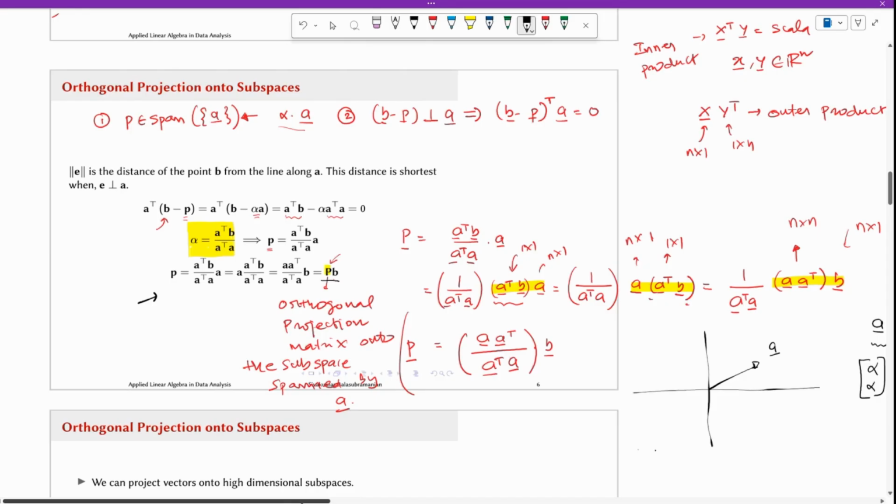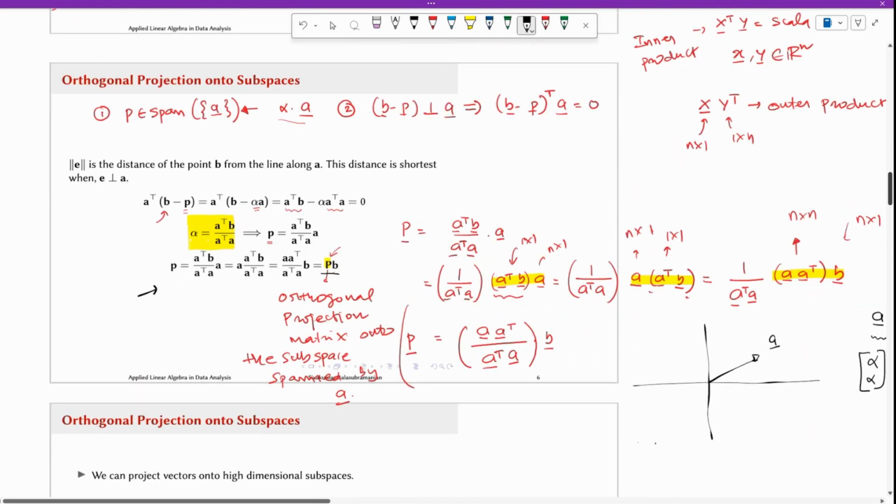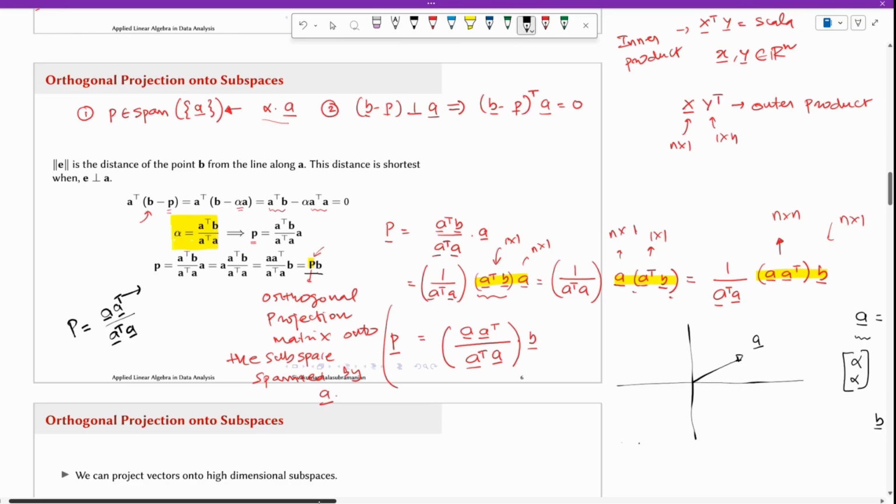And we saw that the orthogonal projection operation can be represented by a matrix multiplication, which is A A transpose divided by A transpose A, where A is a vector whose span is the one-dimensional subspace that we are interested in.